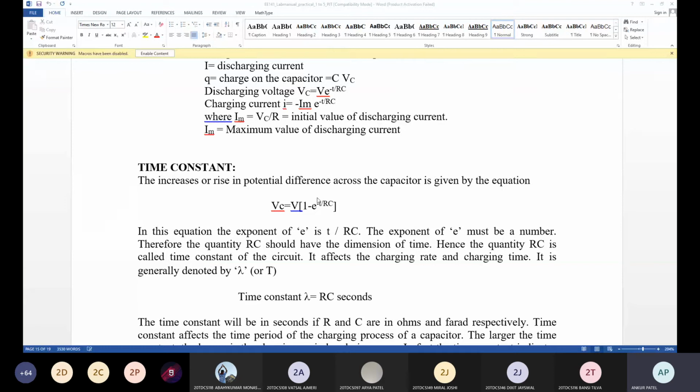Whatever circuit diagram is given, you have to make the connections accordingly and measure the readings. Wait for a second, I am showing you the diagram for this KVL KCL.